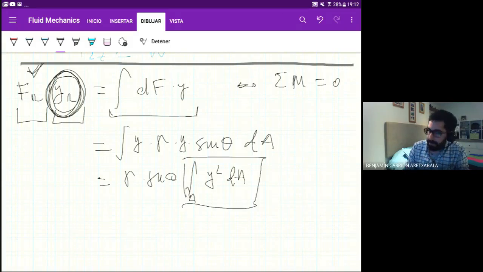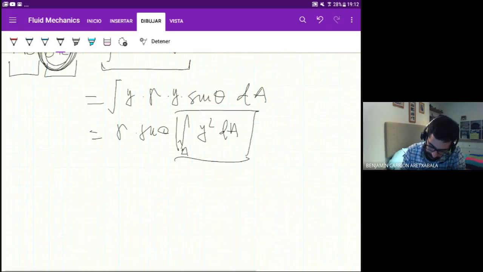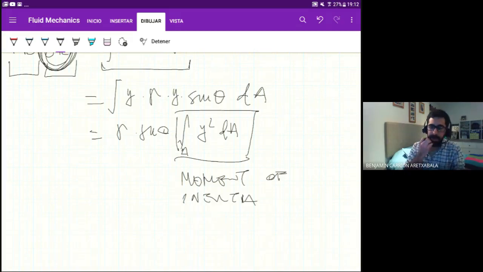This guy here, if you remember statics or maybe solid mechanics, is called the moment of inertia, and is a measure of the resistance to rotate around a certain axis.